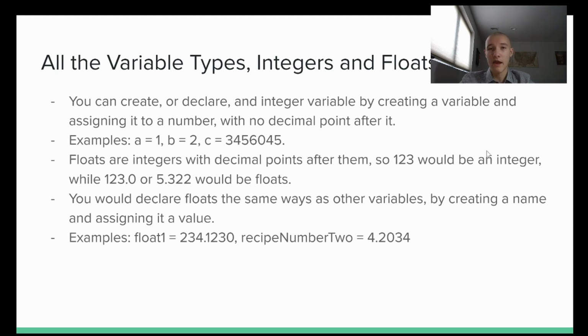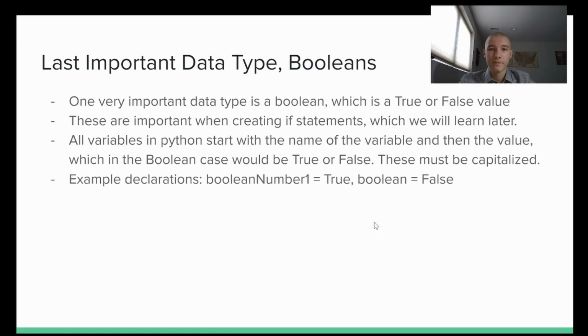Floats are numbers with decimal points after them. So 123 would be an integer, but 123.0 and 5.322 would both be floats. You would declare floats the same way as other variables, by creating a name and assigning it a value. For example, float1 set equal to 234 point any number after that, or say another variable and then another value right after that.